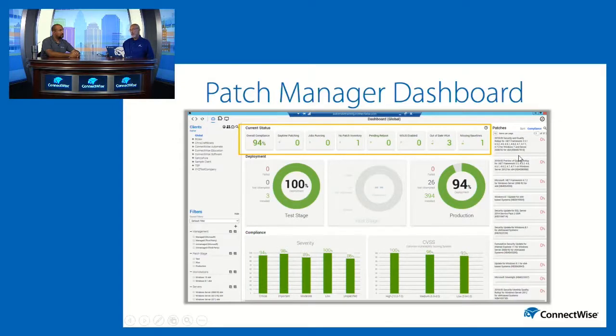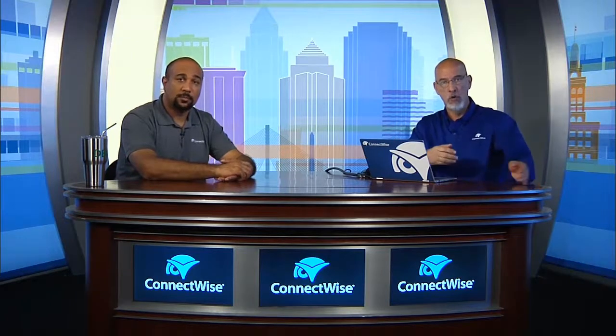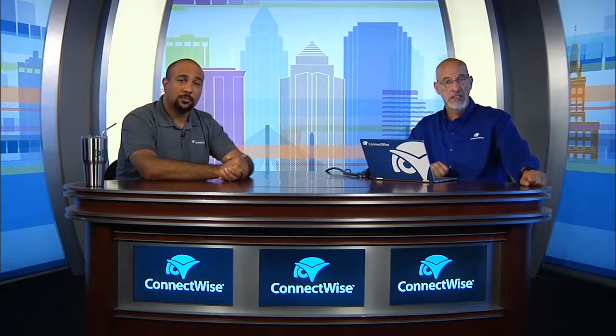Missing baselines. When Windows is installed on your computer, it installs several patches automatically. These patches enable it to see Windows Update. And if you're missing baselines, somehow when you were installing Windows, one of those 3 baseline patches was not installed, or more, or all 3. But whatever it is, if you're missing one, you can't see Windows Update. So there's only 3 patches. You can install them by hand.